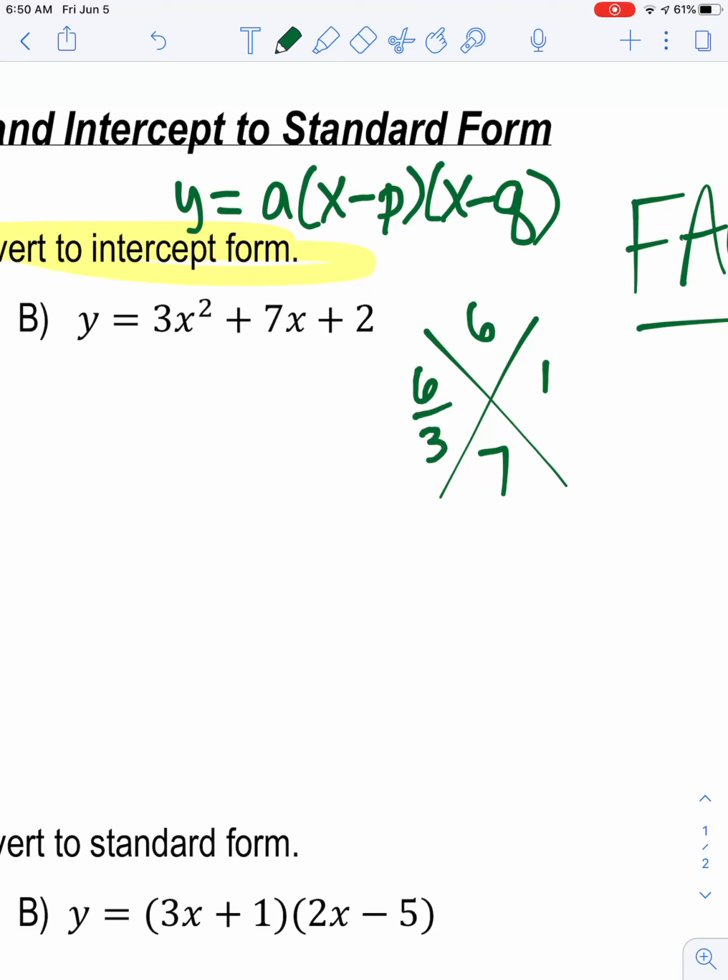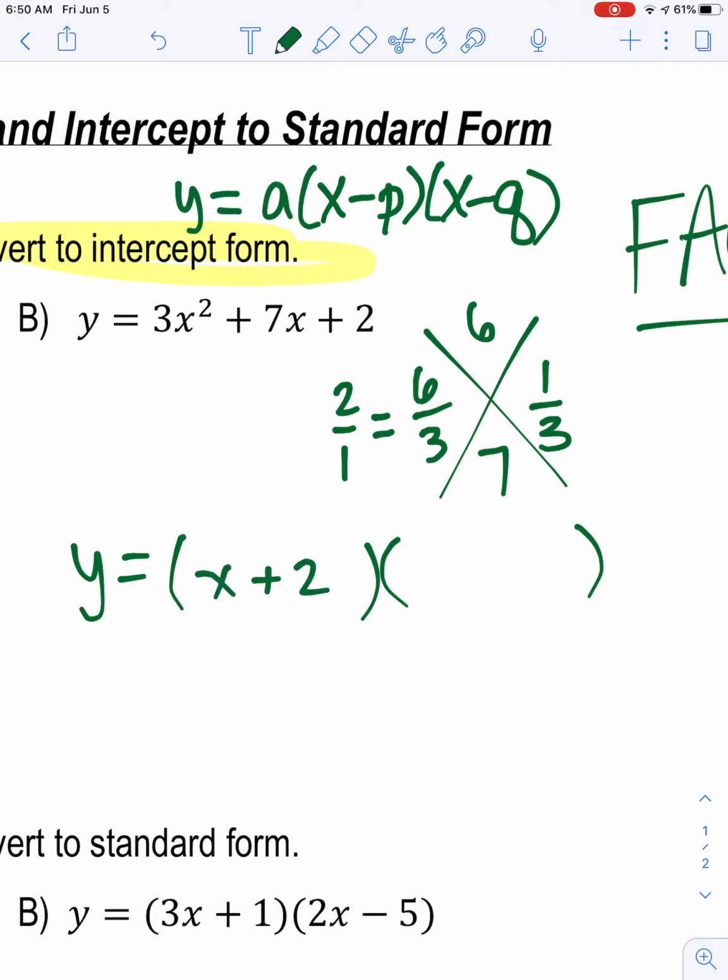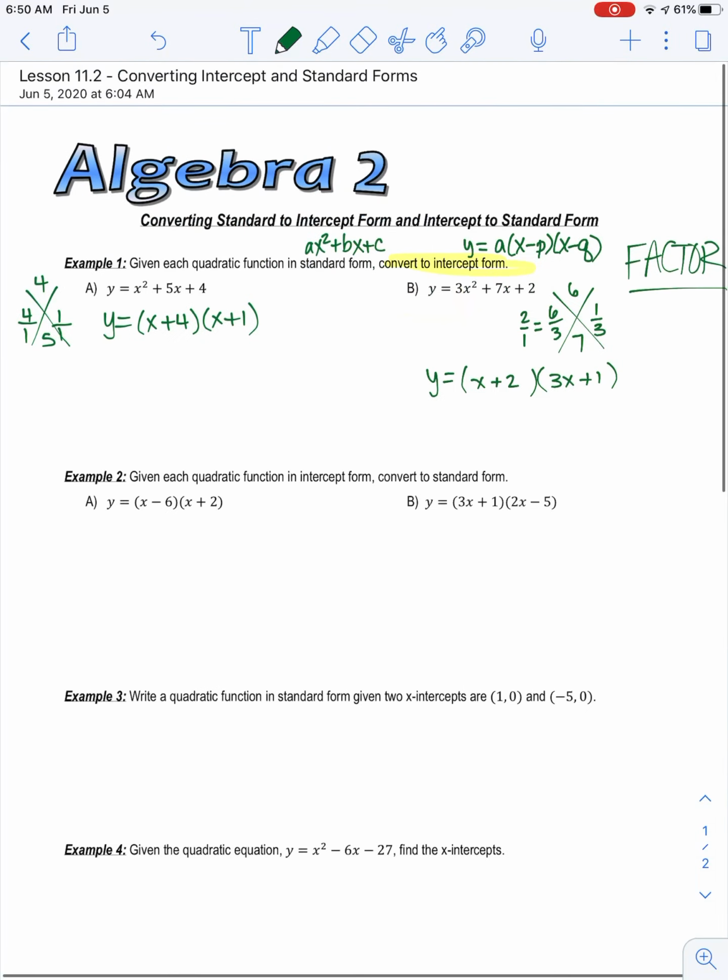I then divide by 3, reduce 6 over 3 to 2 over 1. And then I can use these fractions to set up my parentheses with 1x plus 2 and 3x plus 1. And just like when we were factoring, you can always check these answers by using FOIL in multiplying the binomials together.